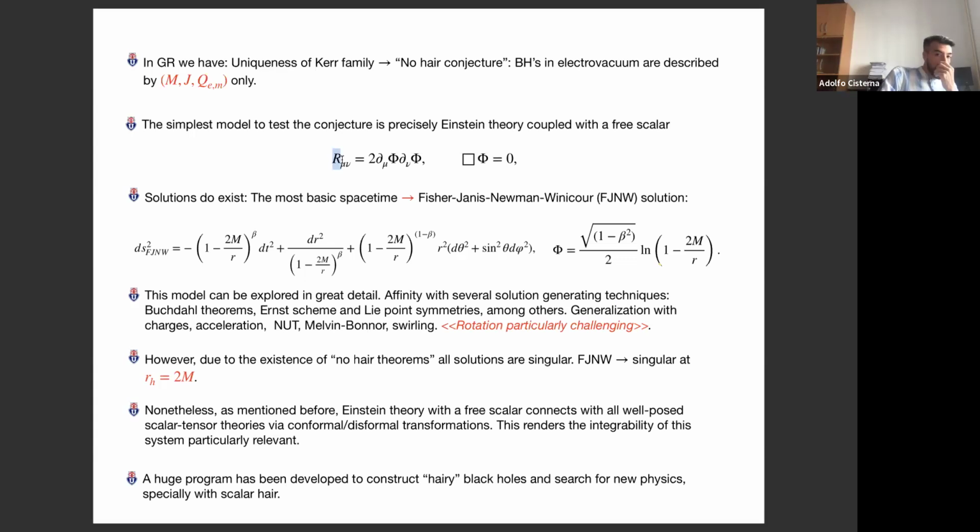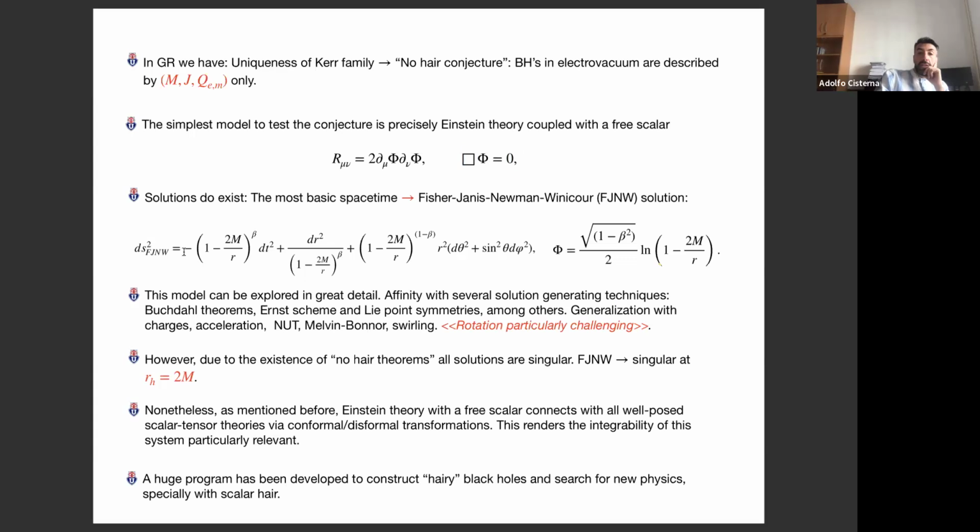So Einstein theory with a minimally coupled scalar field is given by these equations, plus the Klein-Gordon equation. And a solution found by brute force is known since the 60s, which is called the Fisher-Janis-Newman-Winicour solution. It's a hard-to-integrate-by-brute-force solution of the Einstein equations, which is a slight generalization of Schwarzschild.